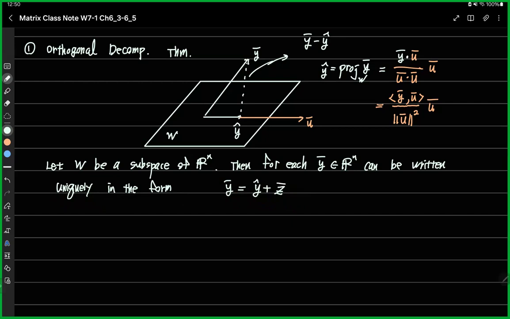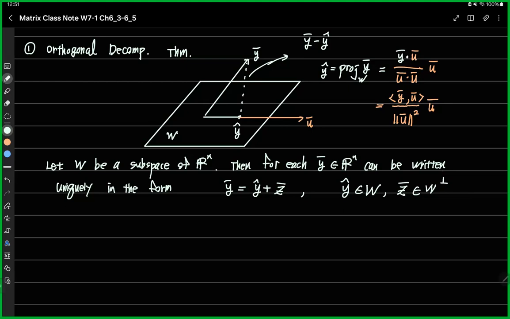Okay. So here y hat is, sorry, not Rn, it's in W, right? This is in W, and then vector z is in W complement. Okay.